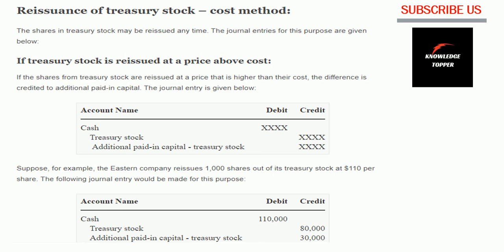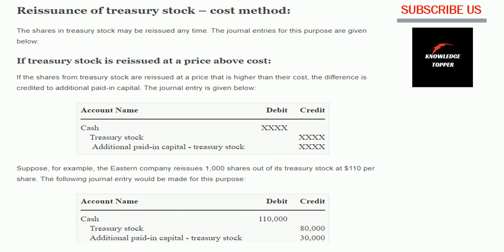In our second part, treasury stock is reissued at a price above cost. In our third part, the later part of this video, we will discuss treasury stock reissued at a price below cost. So first we understand treasury stock reissued at a price above cost, then we will understand below cost.